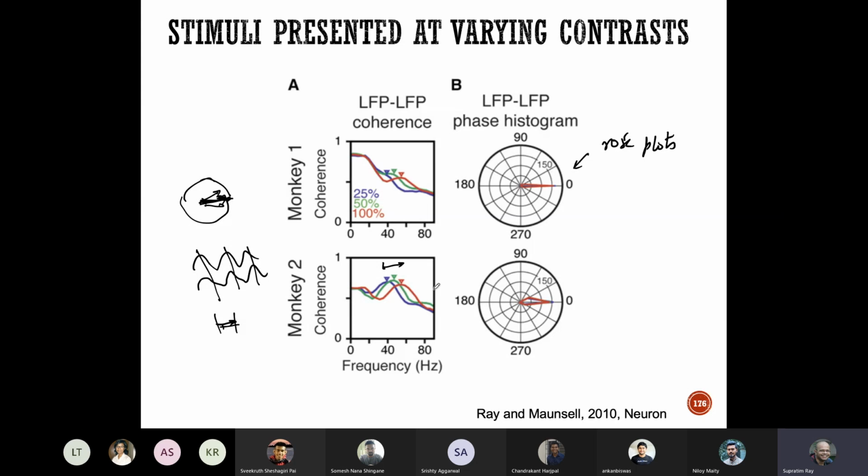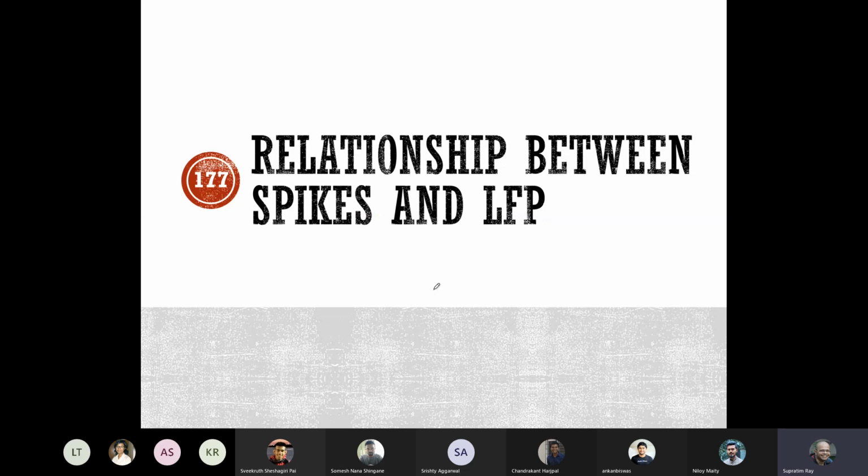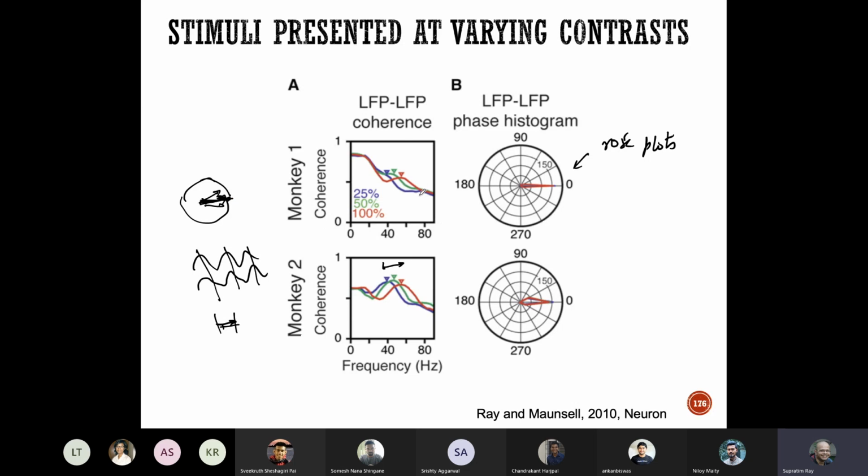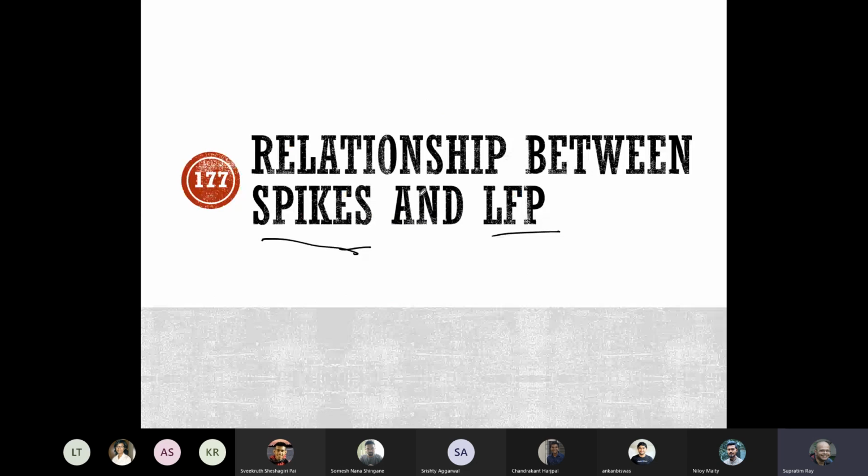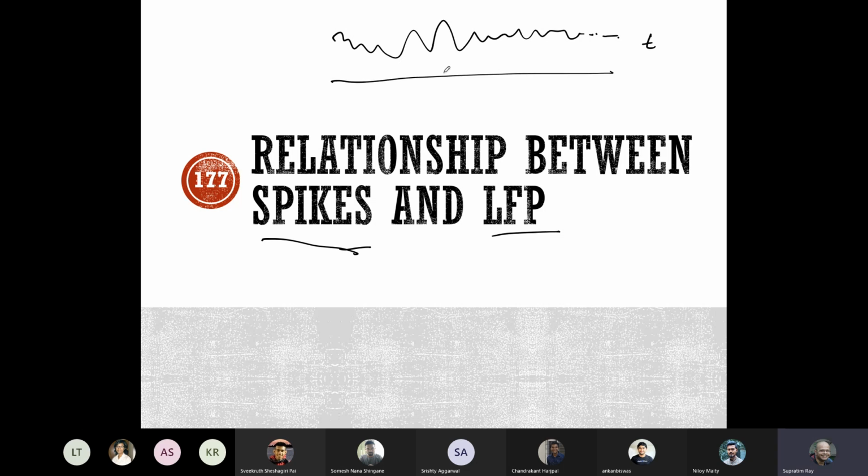Now you ask, what's the relationship between spikes and LFPs? All of this analysis was just LFP signals recorded from two electrodes. That's it. So let's think through this a little bit. Remember that I've got an LFP signal as a function of time, and I've got some spikes.